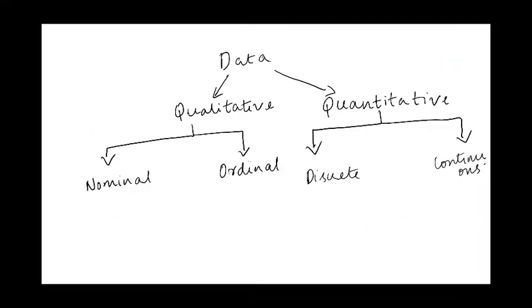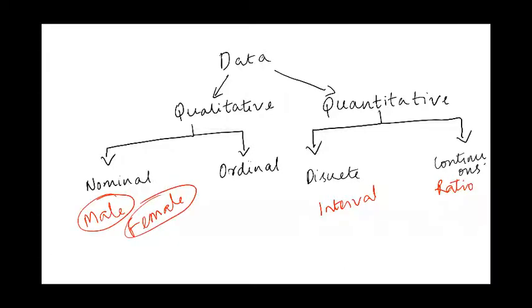So like I said, data is divided into qualitative and quantitative. In qualitative, we have nominal data and ordinal data. In quantitative, we have discrete and continuous, and it also has interval and ratio. Nominal data is labeling anything, like gender, male and female. They cannot be arranged in a particular order, so they are just names.